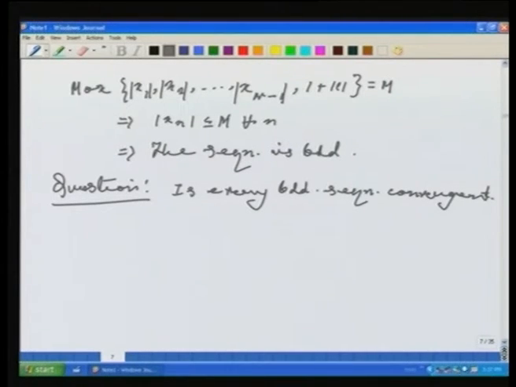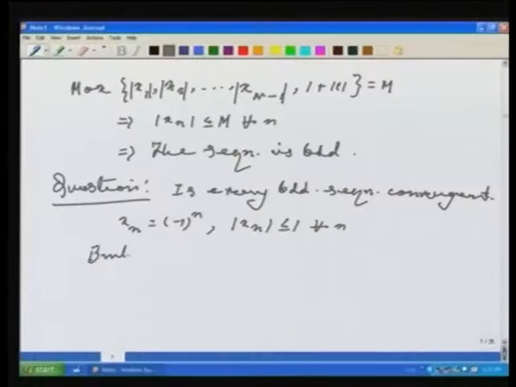Well, the answer is no, and we can easily see that if I look at the sequence x n equals minus 1 to the power n, then it is clear that mod of x n is less than or equal to 1 for all n. But we know that x n does not converge.